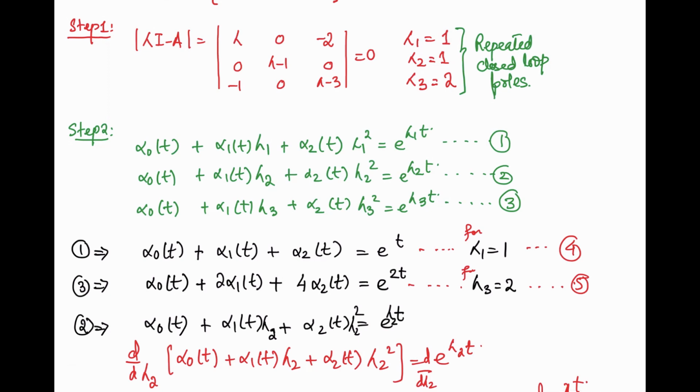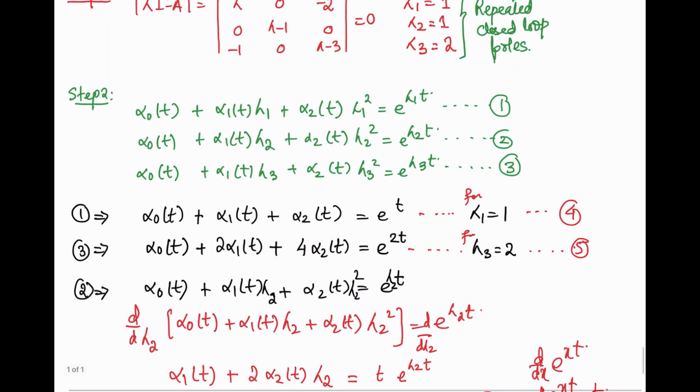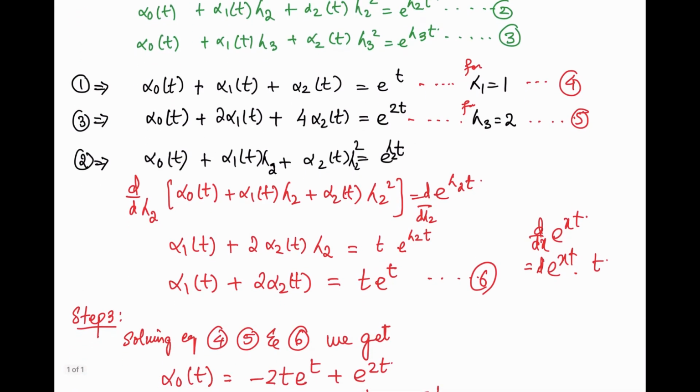So if you take the derivative and simplify, you are going to get this equation. Now in this equation lambda 2 is equal to 1, so you will finally get this equation, and let me call it equation 6. So you have equation 4, equation 5 and equation 6.